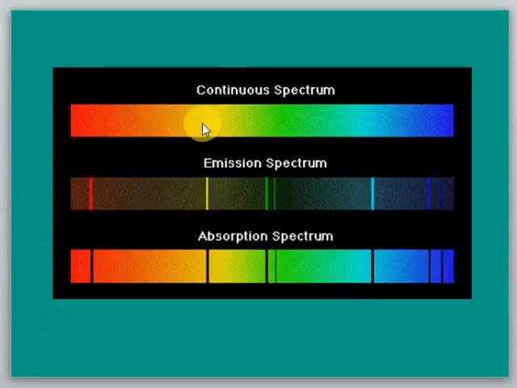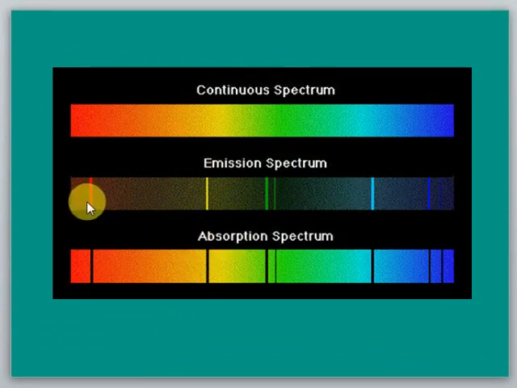You can see here it is a continuous spectrum. Here the colors have no gap in between. There is no visible boundary between the colors. And these two spectrums are showing a line spectrum. Either the line spectrum is an emission spectrum or an absorption spectrum. It depends on whether the energy is emitted, meaning released, or the energy is absorbed.